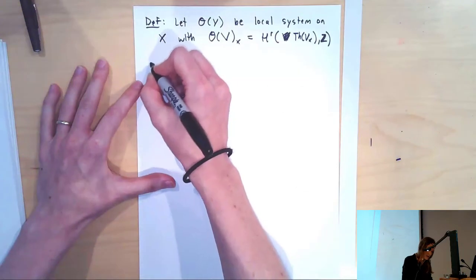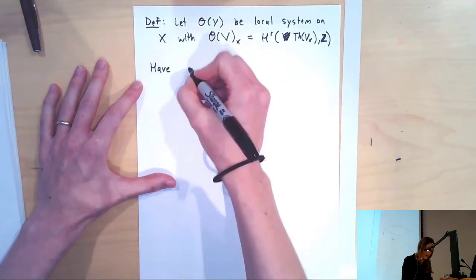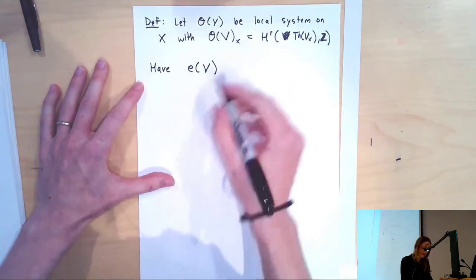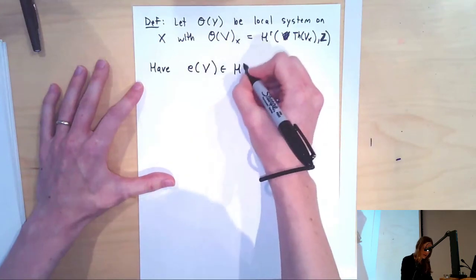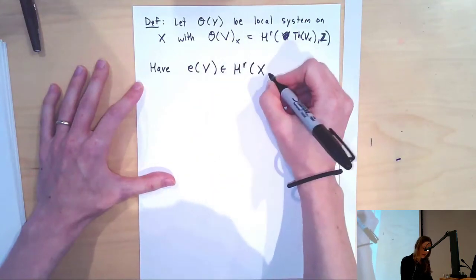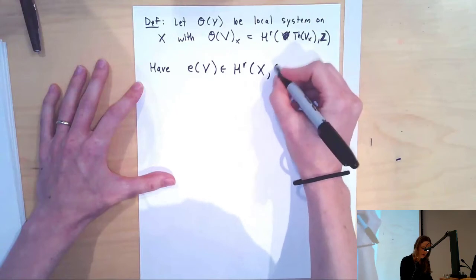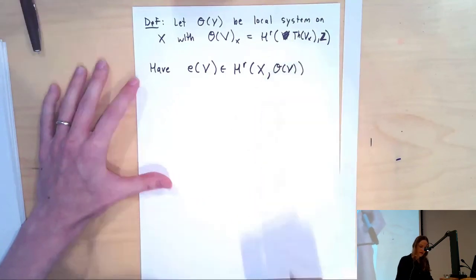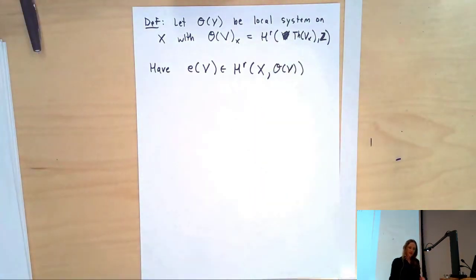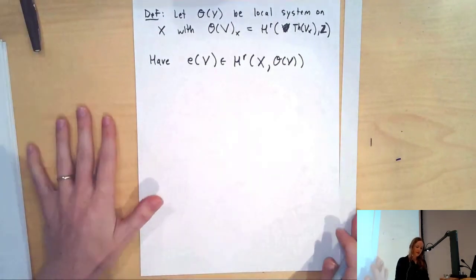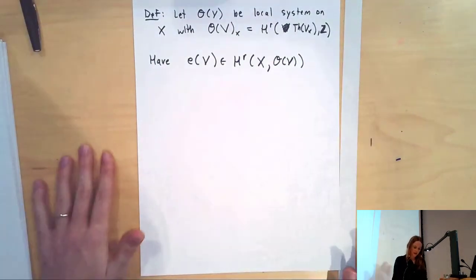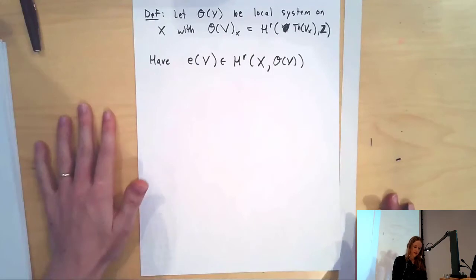So we have, and it's in the notes, an Euler class, E of V, in H^R of X with coefficients in the orientation sheaf, coming from a canonical map.